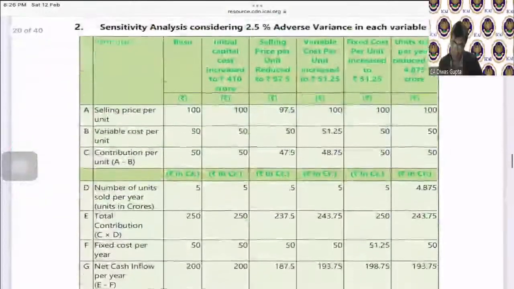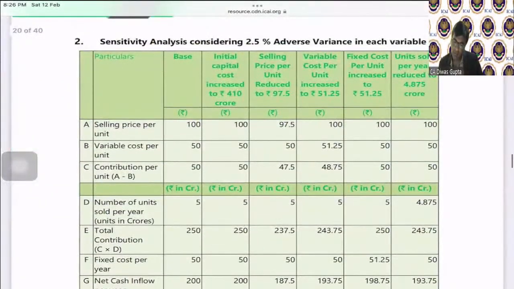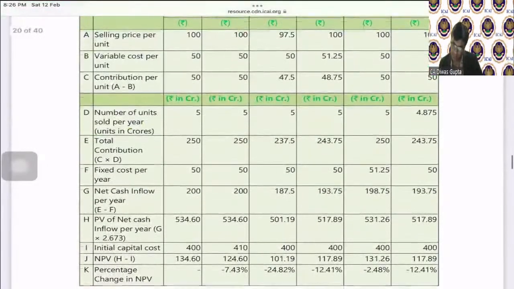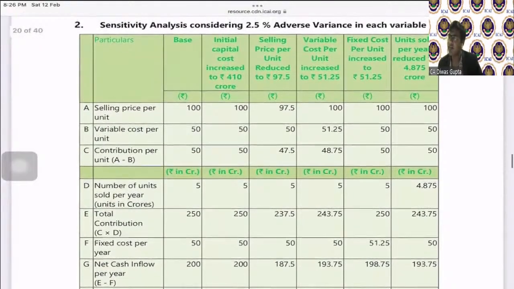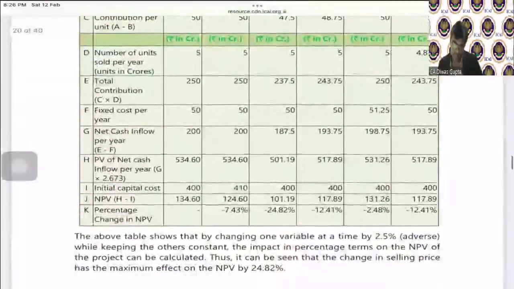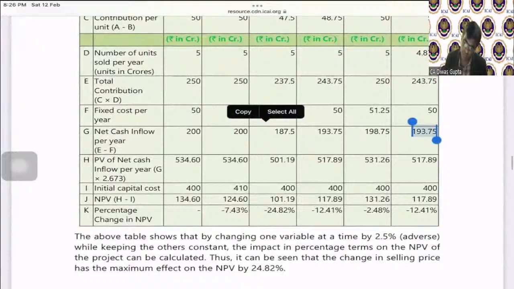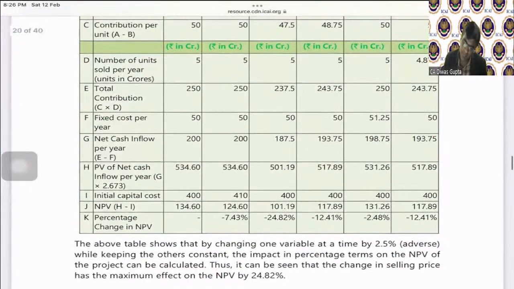I think you are referring to the 2.673, Charu, in the table of the sensitivity analysis, this row. Okay, so this 2.673 is the one you're referring to, right?